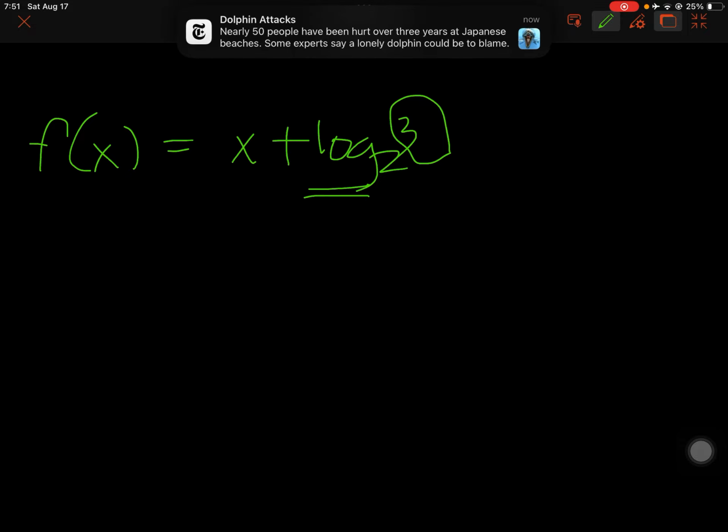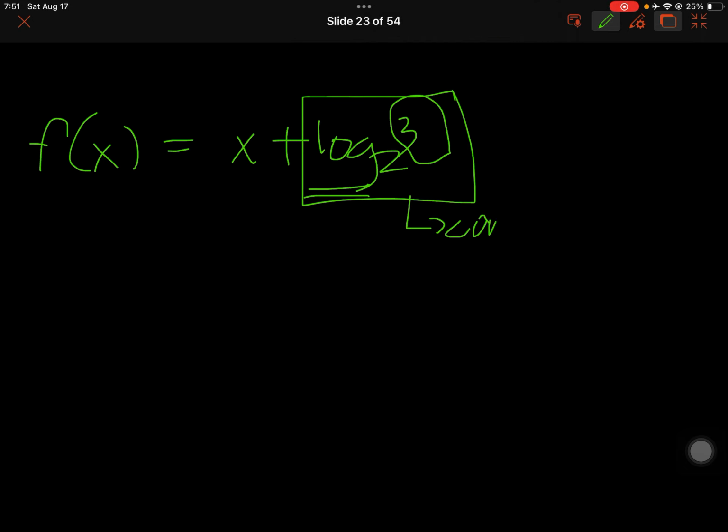So basically it's just a number, just a constant. For this one to be a logarithmic function, the part where the 3 is positioned should have a variable. For example, as simple as 3x, or logarithm of 3x to the base 2.